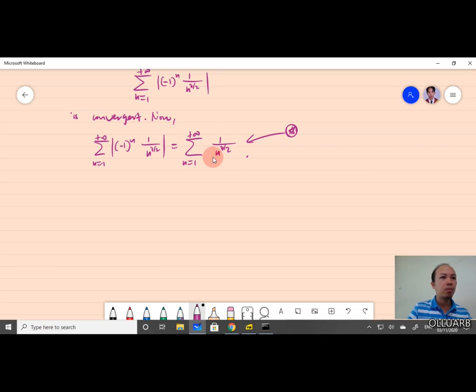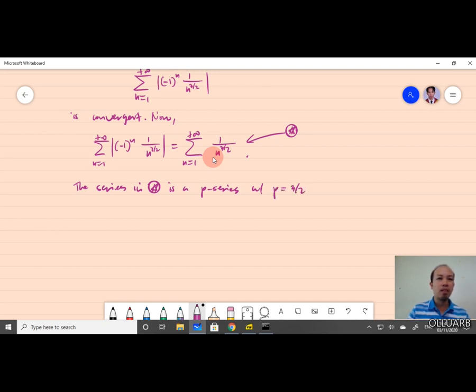We have the series in star is a p-series with p equal to 3 halves.